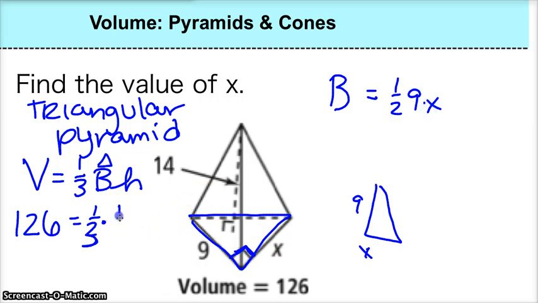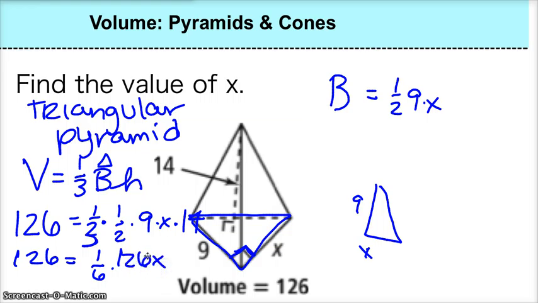So I'm going to put that down over here. And then we still have to multiply it by height, which they gave us as 14. All right, let's do a little bit of simplifying. 1/3 times 1/2 is 1/6. I'm going to do 9 times 14, which is 126x.